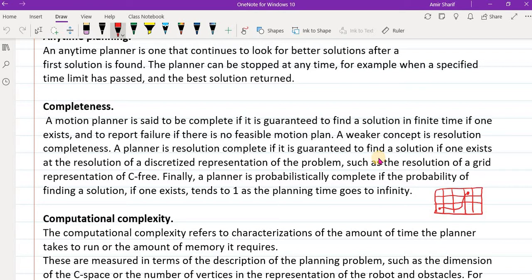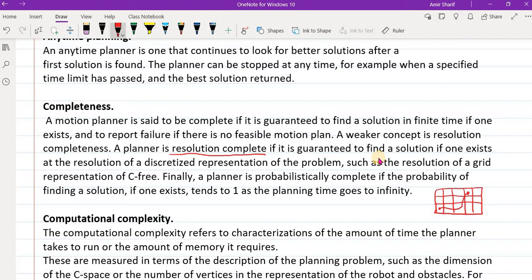This property we call resolution completeness, because the guarantee to find a solution depends upon the resolution of the grid.